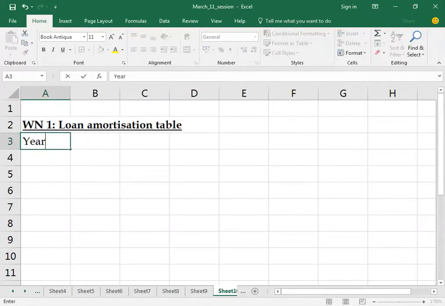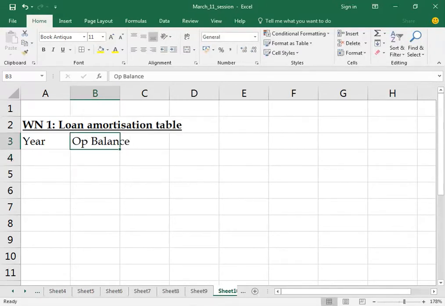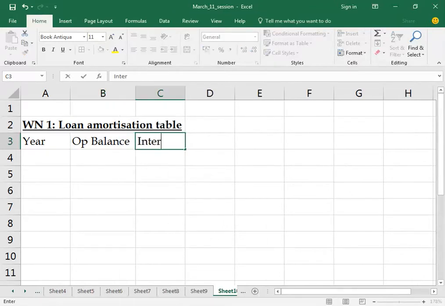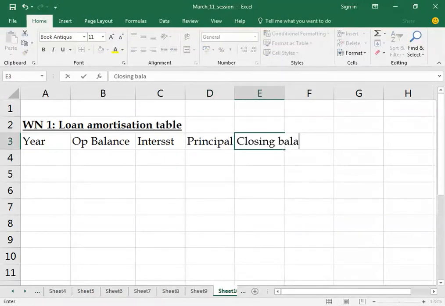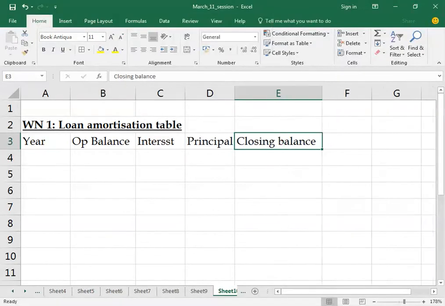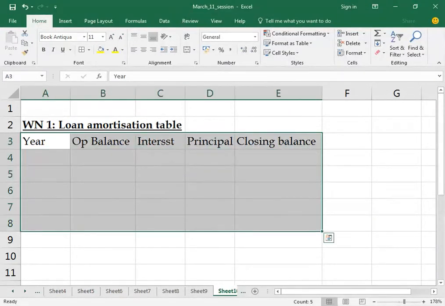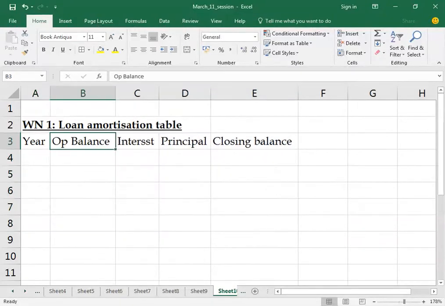Year, opening balance, interest, principal, closing balance. I am not writing installment, I am writing principal in this case. Year, opening balance, interest, principal, closing balance.